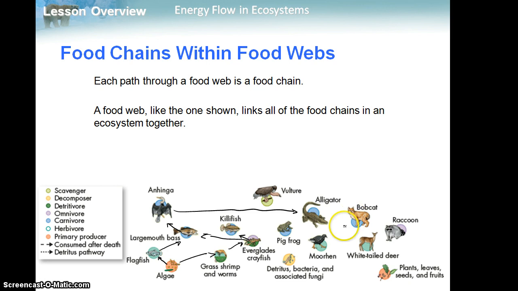So basically, a food web is a combination of several food chains. Now, we also have in our food web bacteria and fungus and detritus, and these things are going to break down living matter that is now dead, so that it can release things back into the soil to be used by the plants or by the algae.